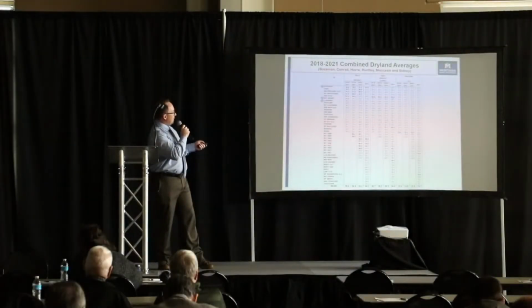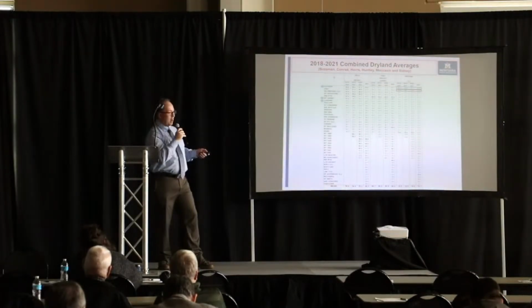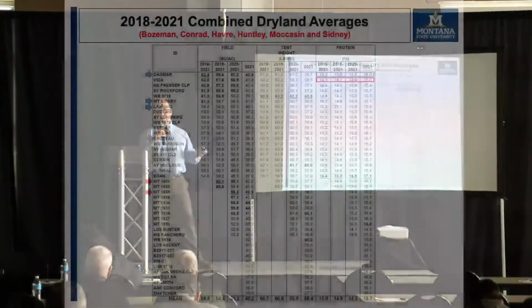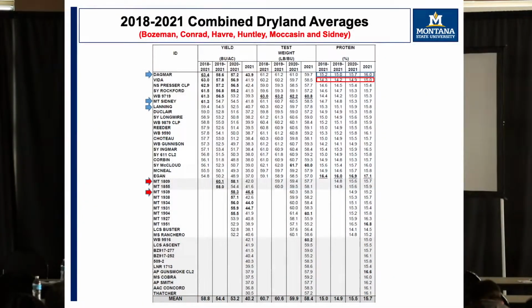So moving on, I'll just briefly go through this table since you can't really see anything on here, but the main thing I wanted to point out is across multiple years. We also like to look at yield trial data across years to get a sense of how stable the yield potential of these varieties are. And you can see our new variety Dagmar is right there at the top, right along with Vida.